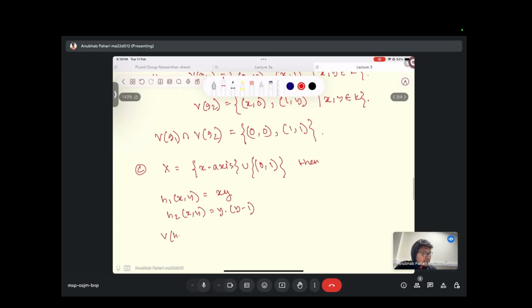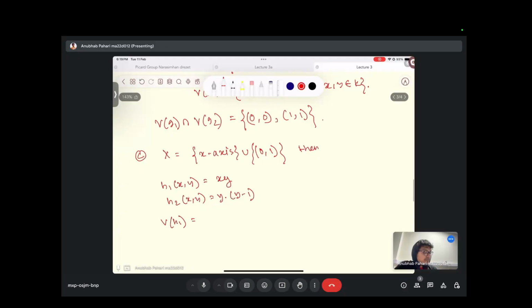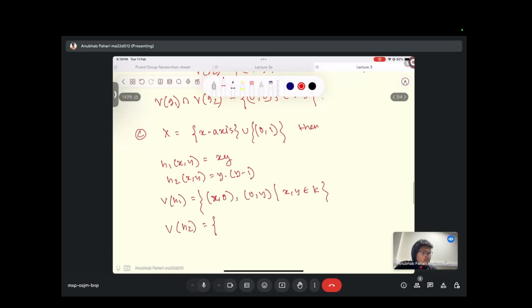Then V(h1) should be either (x, 0) or (0, y), with x, y coming from k, and V(h2) should be (x, 0) and (x, 1), so x in k.